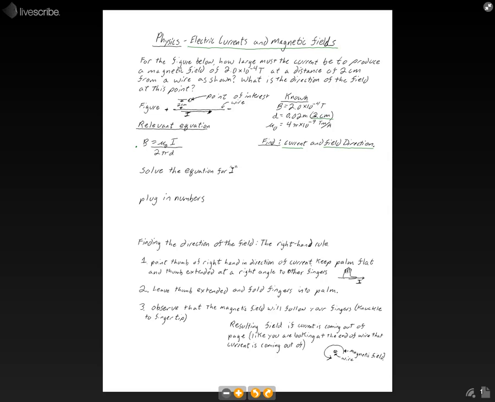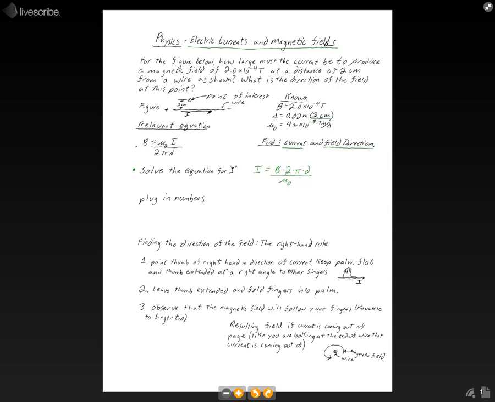So we're going to solve this equation, B equals mu naught I divided by 2 pi d, for I. And when we do that, we get I is equal to B times 2 times pi times d divided by mu naught.